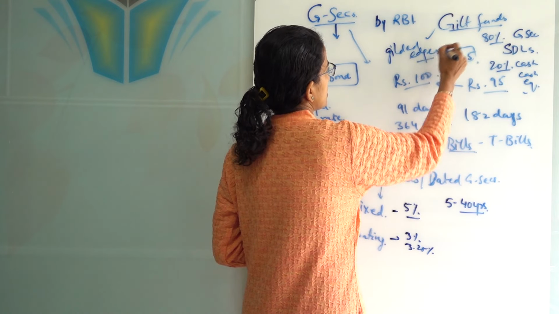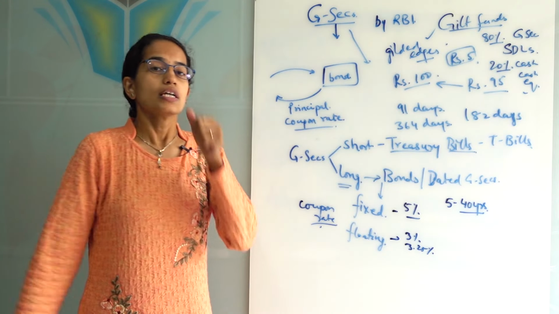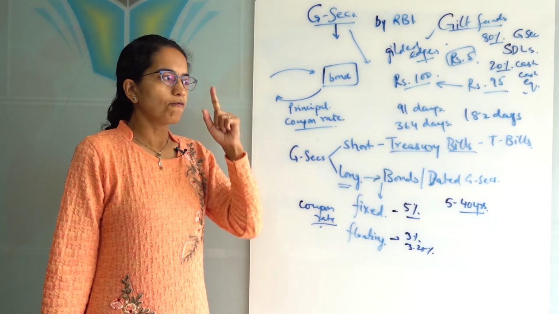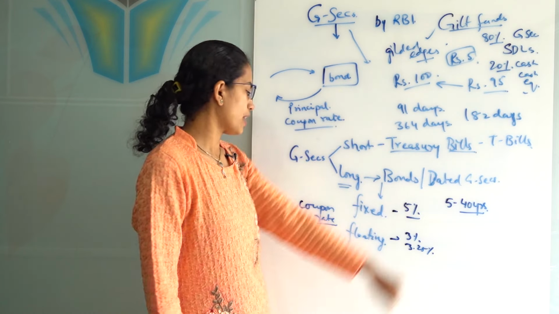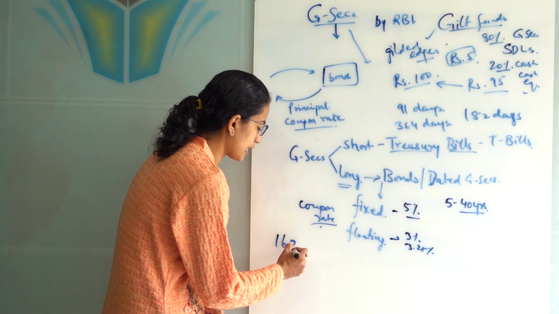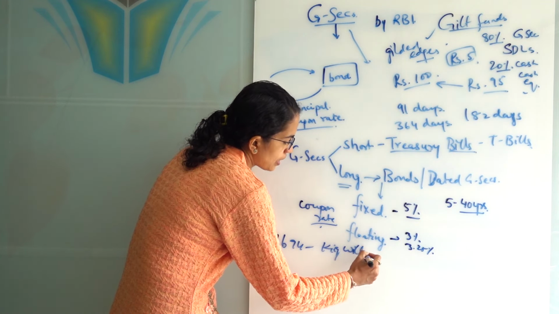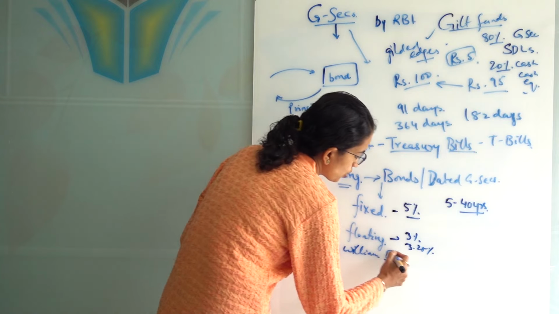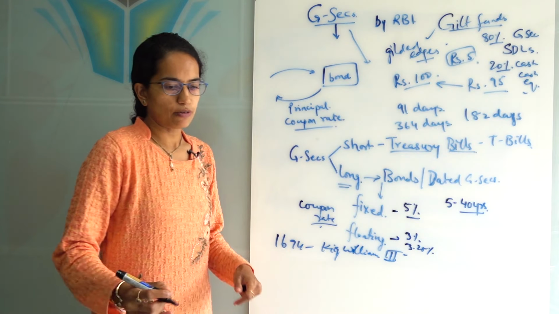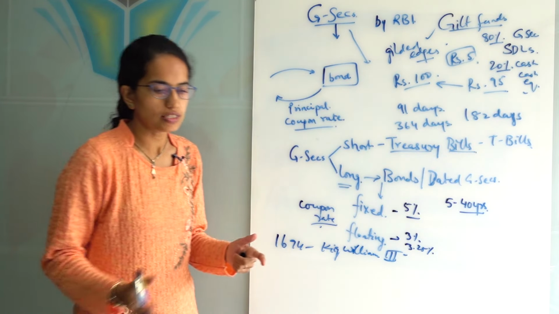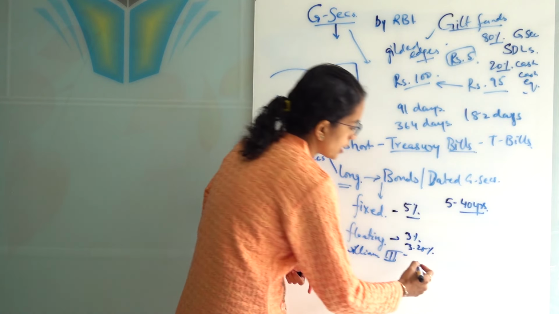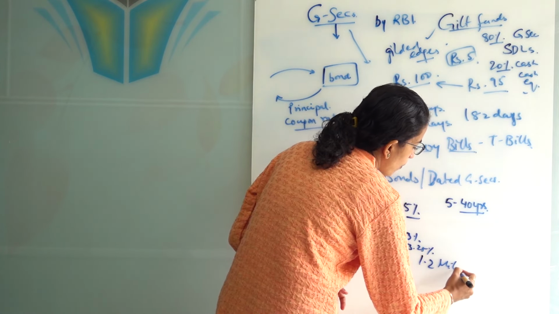The most important thing is the first issuance of gilt was seen in 1694, for King William III, who wanted a huge amount to fight a war against France and had to borrow nearly 1.2 million pounds.